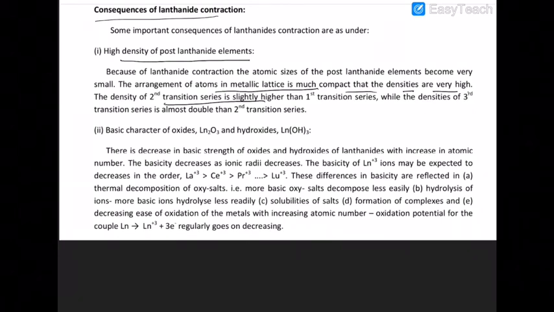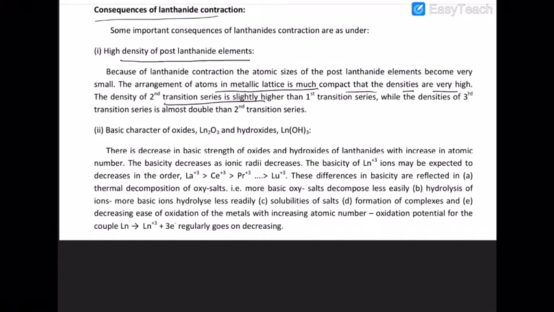Zirconium has atomic number 40, and hafnium has atomic number 72, but their size is the same. Similarly, niobium and tantalum have the same atomic size. Are you getting that? Similarly, molybdenum and tungsten have the same atomic size.